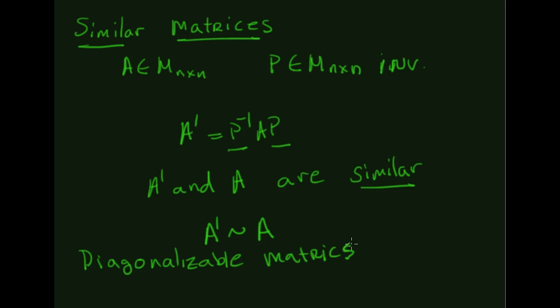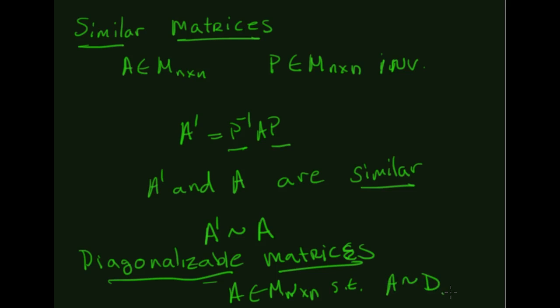A diagonalizable matrix is a matrix in M n by n such that there is a diagonal matrix D where A is similar to D. And this is useful because for a diagonal matrix, it's really easy to find the eigenvalues, because the eigenvalues would be the values along the diagonal.